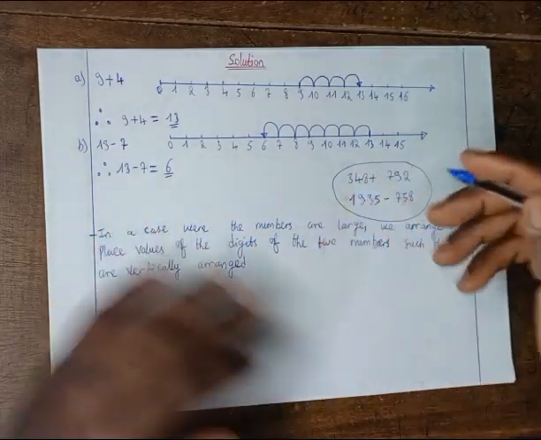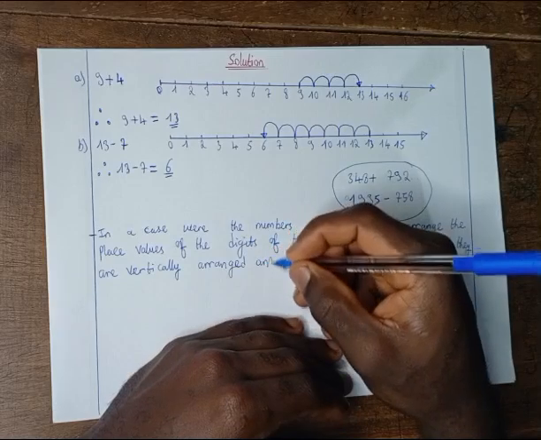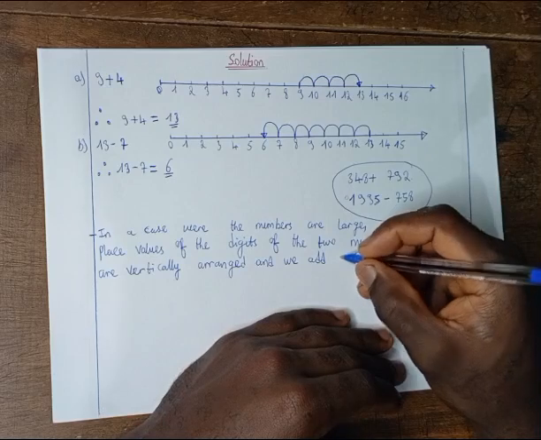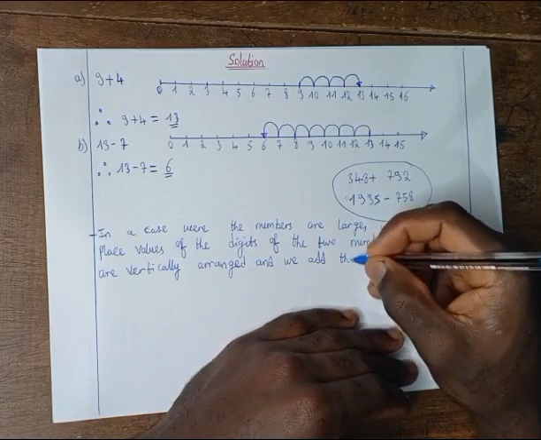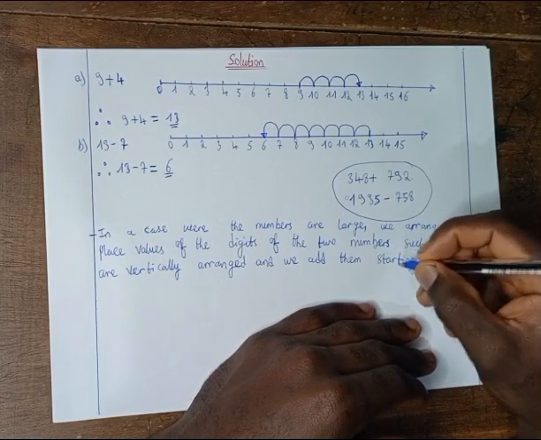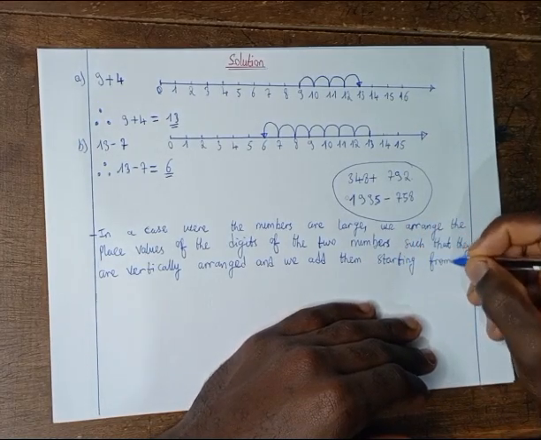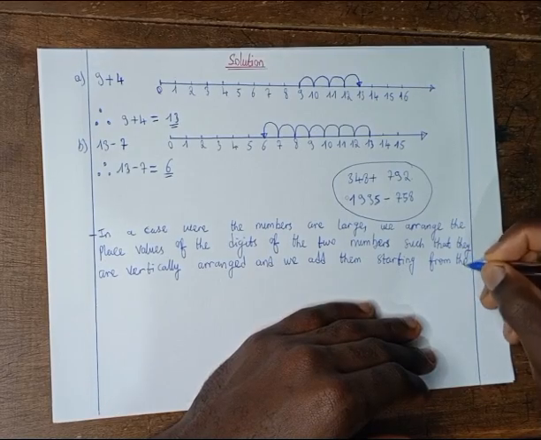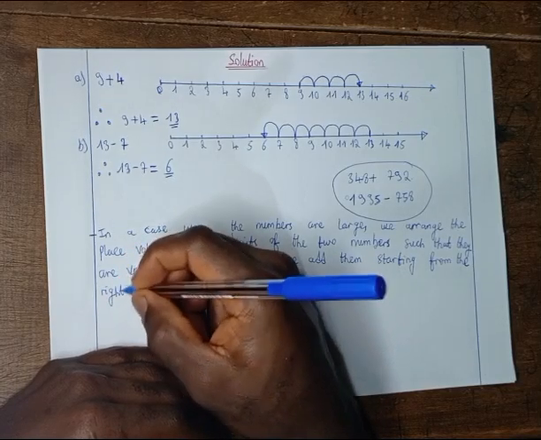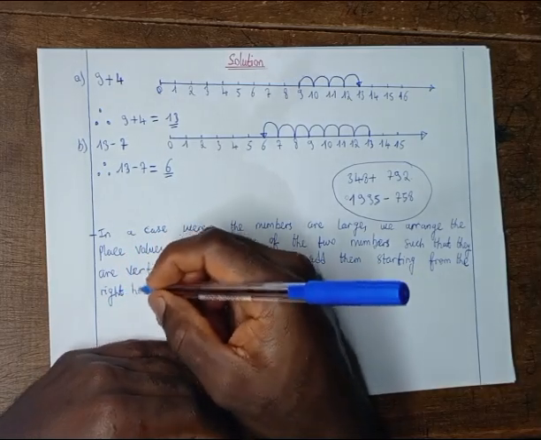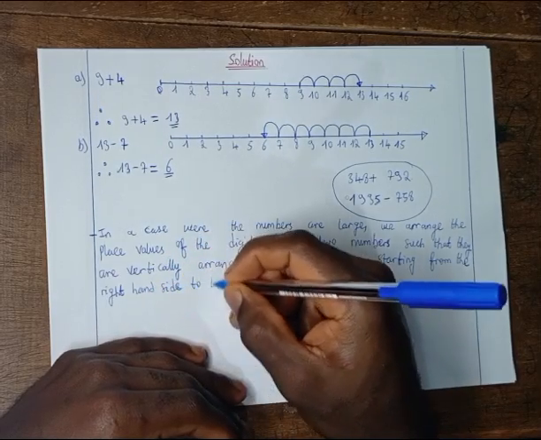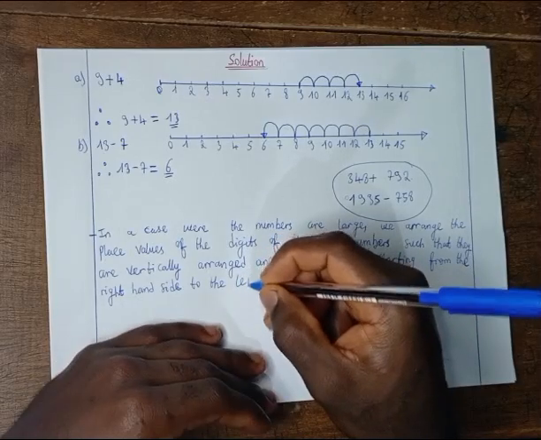They are on a vertical line, and we add them starting from the right hand side to the left.